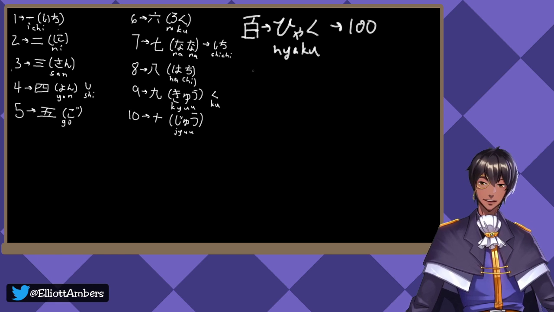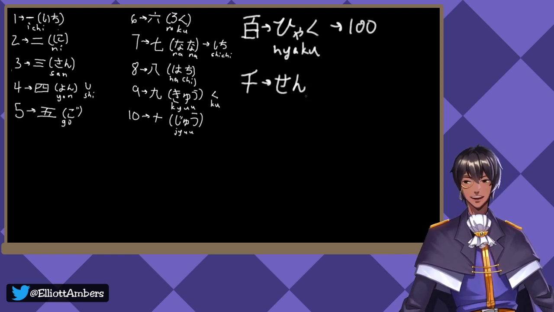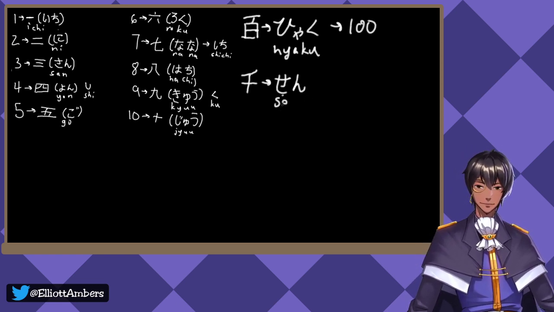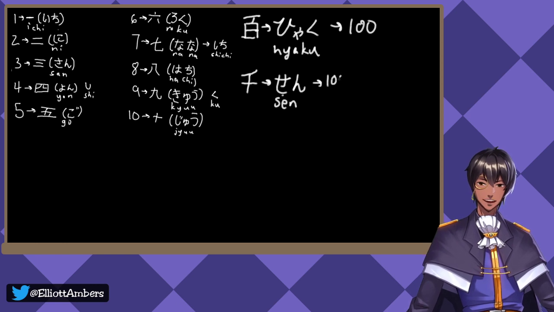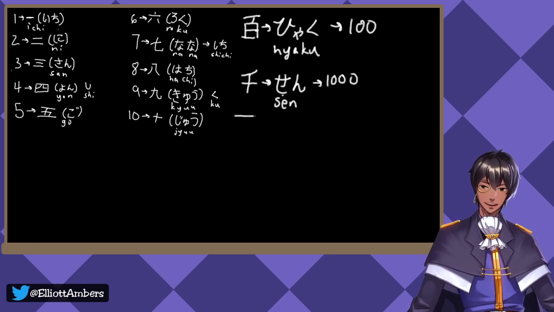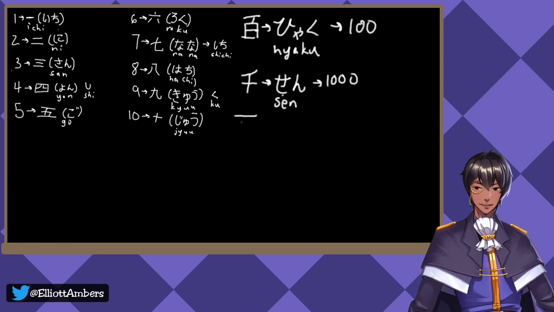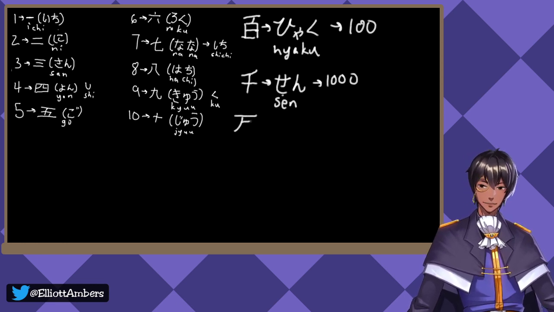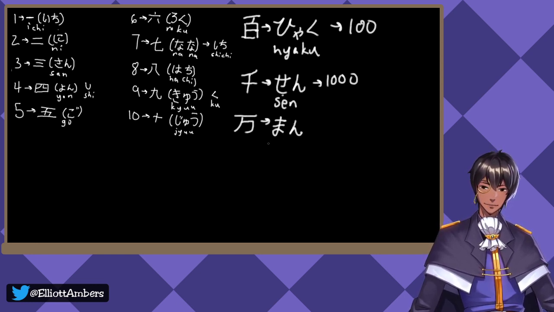There is 1,000, which is sen. Very close to san, but 2 different numbers by a fairly large degree. That's 1,000. There's man. You see this a lot when people are celebrating very big milestones. This is man, which is 10,000.